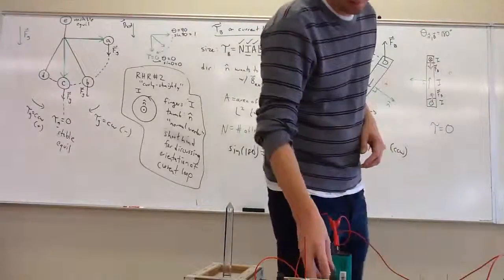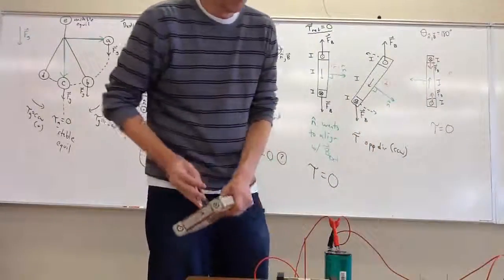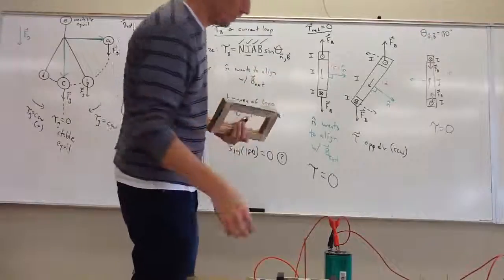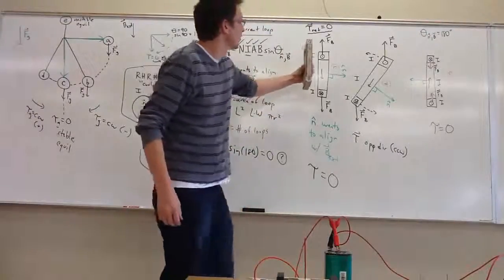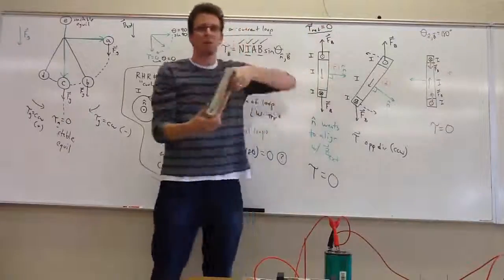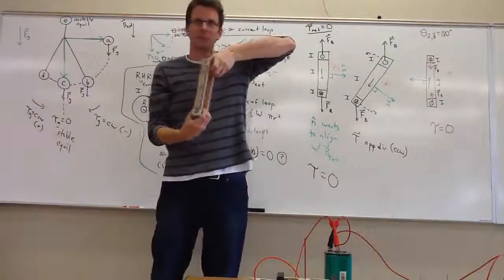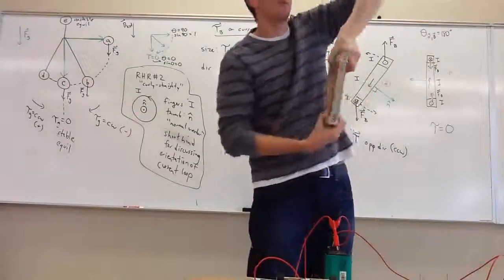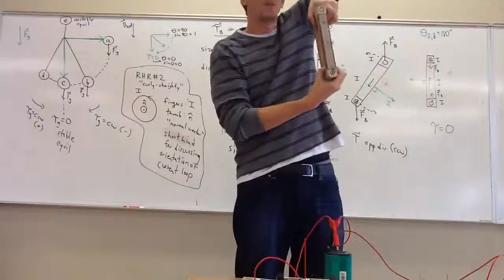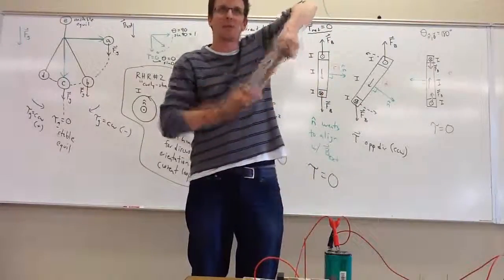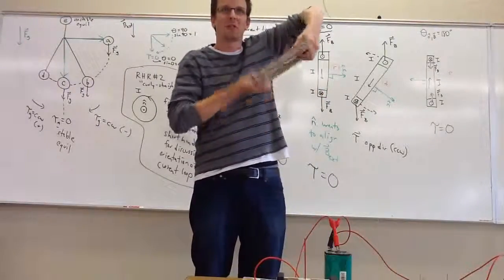Now if you don't believe me, let's try it with our system here. So let me take this guy right here. So here the forces were outward, right? If you have an upward force and a downward force, and they're both outward, what happens when you take this pendulum slightly off of its path? Well, the forces return it, right?